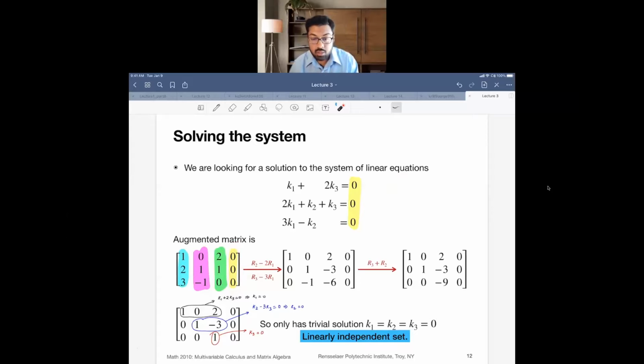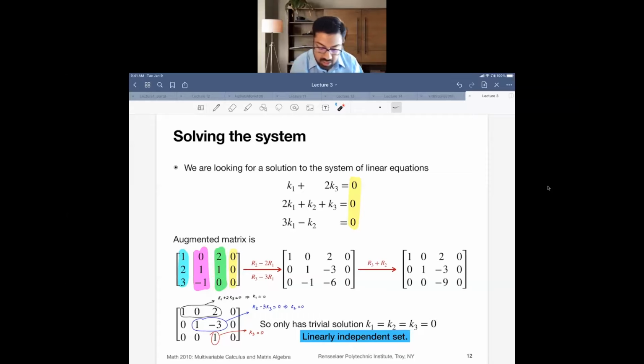We did the row reductions, got it down to either a row reduced echelon form or echelon form, which in this case is sufficient. And then we started looking at the values of k that satisfy the equations. So the only set that was possible is the trivial set, k1, k2, k3 all 0, which makes the set of vectors linearly independent.